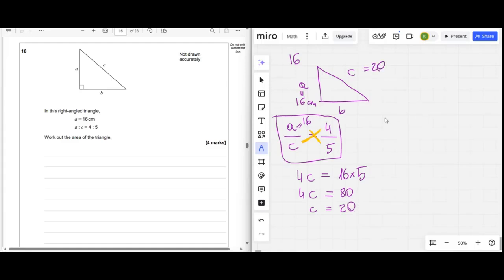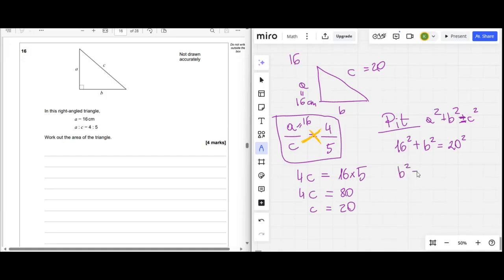And now from Pythagoras theorem, A squared plus B squared equals C squared. Sorry. Let's start with A squared: 16 squared plus B squared, where B is unknown for now, equals C, 20 squared.